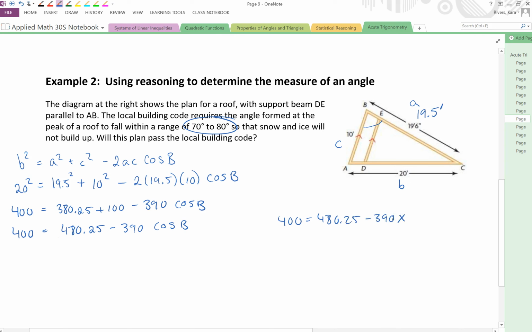It's like solving that, where the x creates another variable, so we can't combine those. So in this situation, you would get rid of the 480.25 first to get the 390x by itself, and then get rid of the minus 390 to get the x by itself in the end, right? So the same thing we're doing here, we're isolating the cosine of angle B.